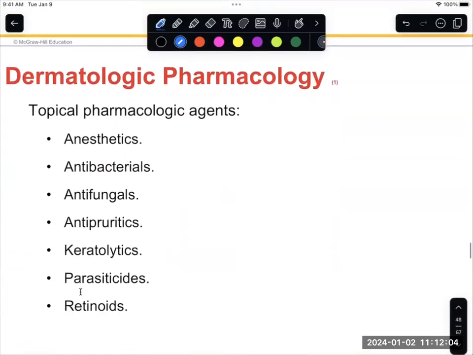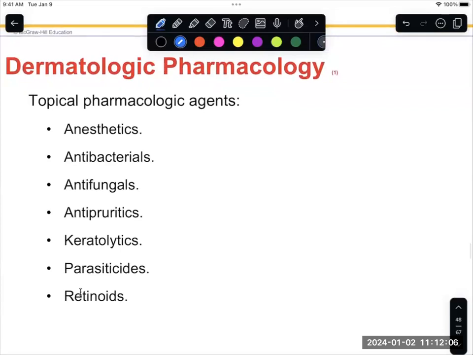We've got different topical agents. We have anesthetics, which relieve pain or itching on the skin surface. Antibacterials eliminate bacteria that cause skin lesions. Antifungals eliminate or inhibit the growth of fungi. Antipyretics relieve itching.